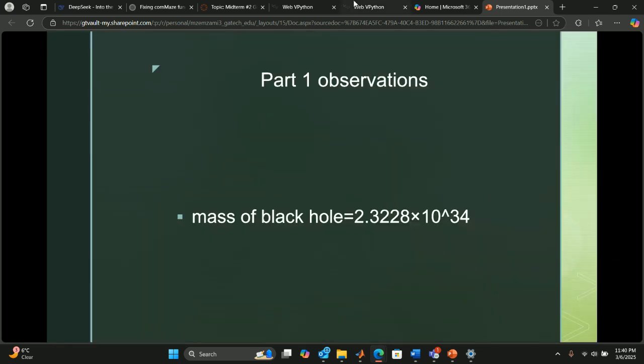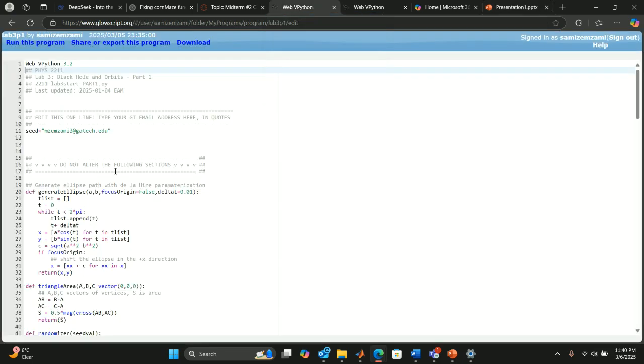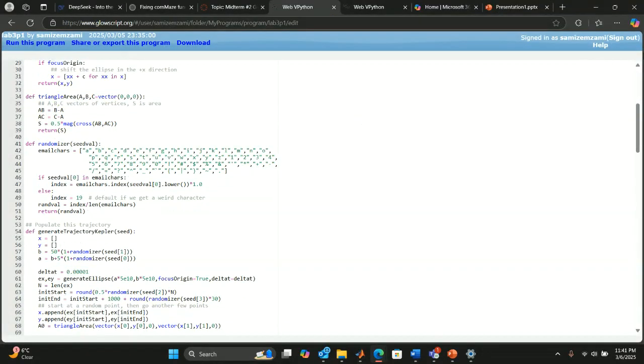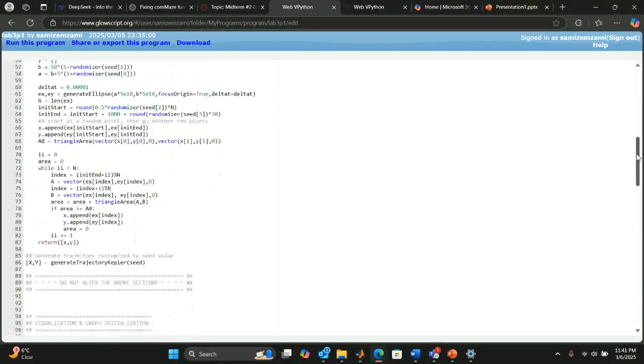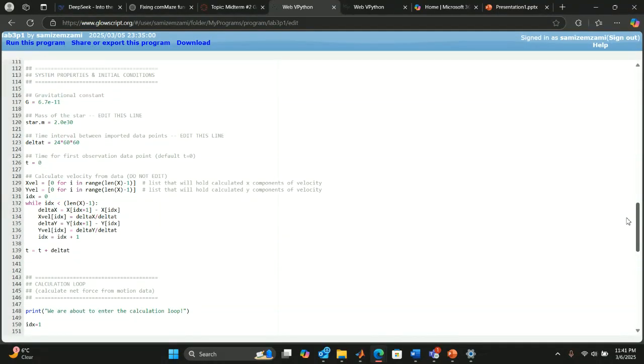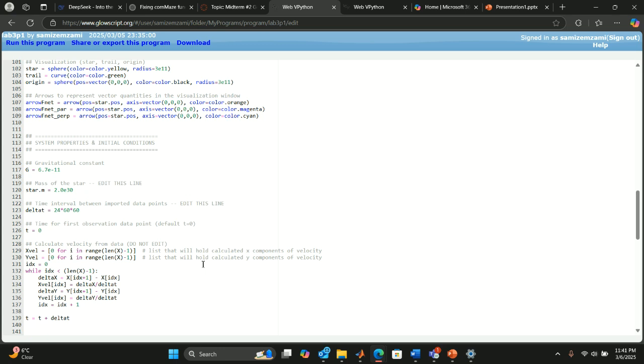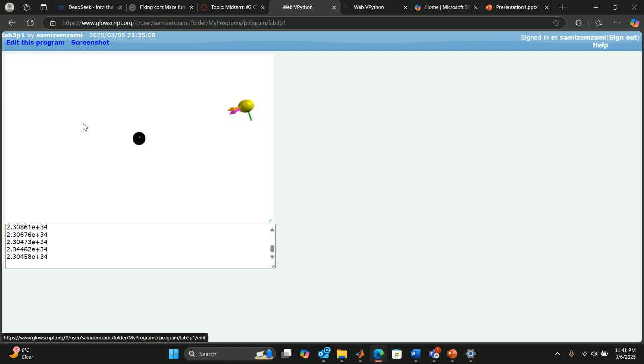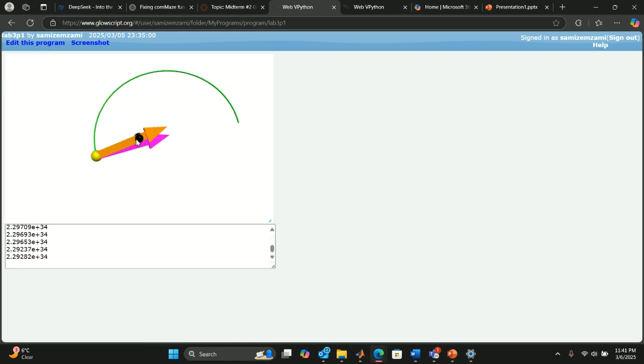So for part one, we had a couple observations, and from here we could see that we started off with basically just the mass of the star and the time intervals. Then as we ran the program, the iteration started, which created a vector for the force, and we did the perpendicular and the parallel component.